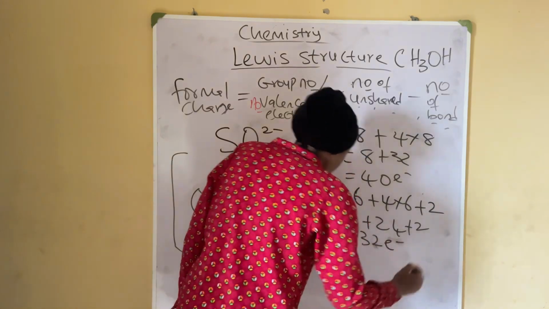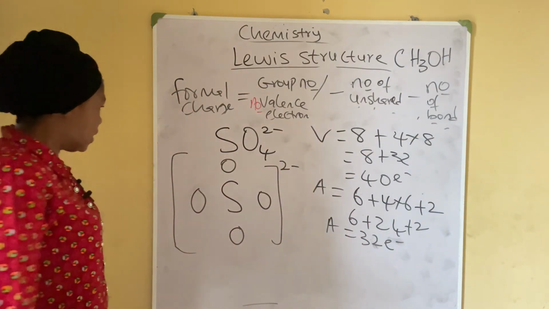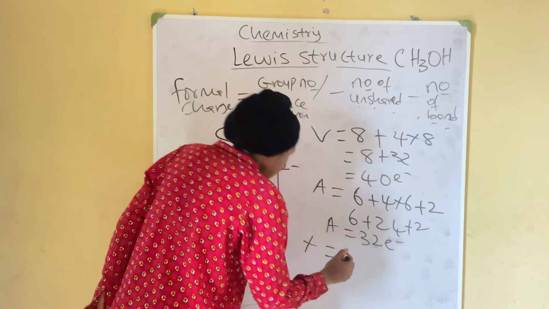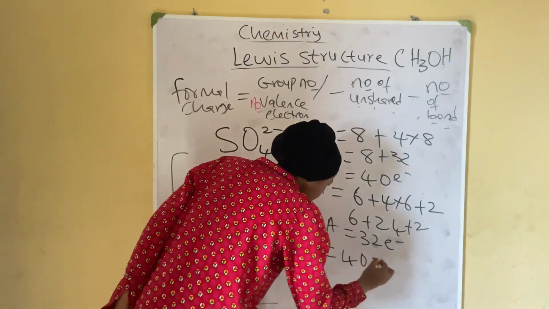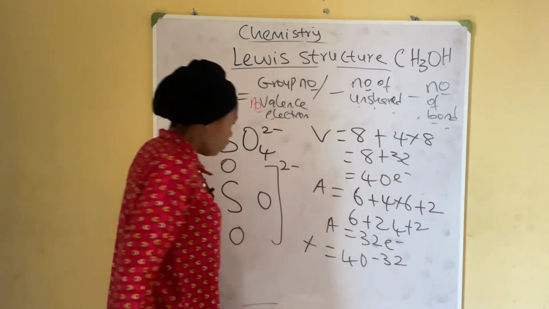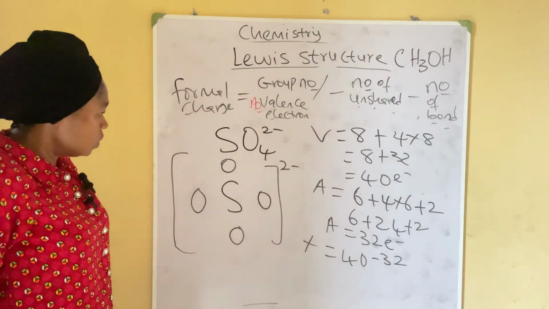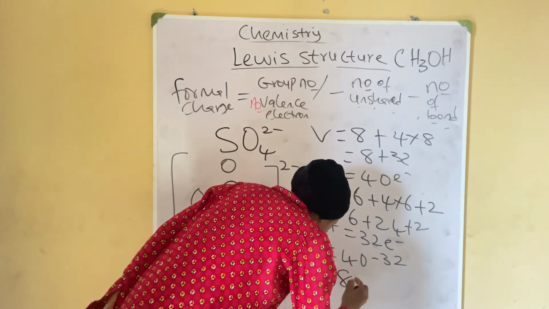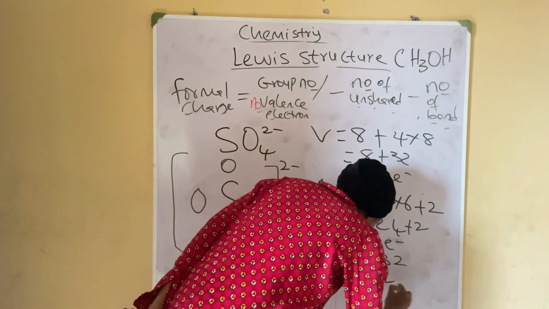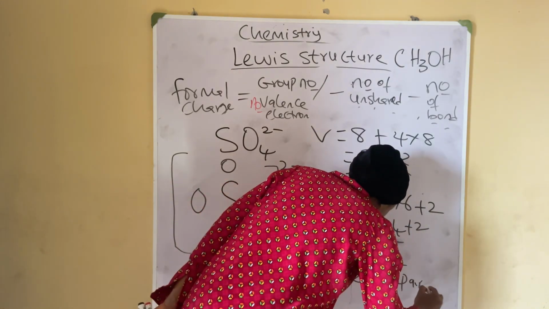32 electrons. What about X? V minus A. So 40 minus 32 will give us 8 electrons, or 4 pairs of electrons shared.